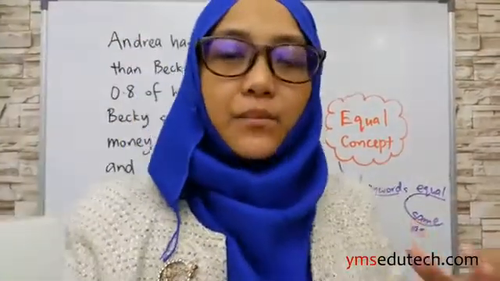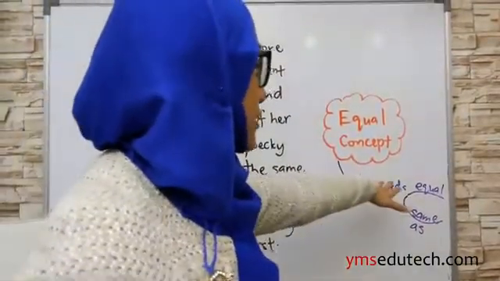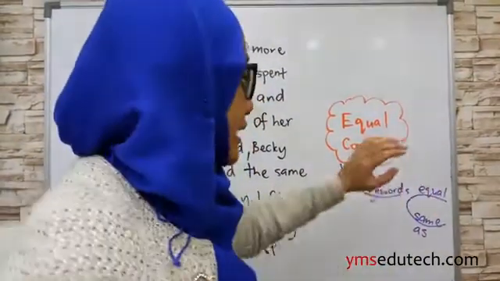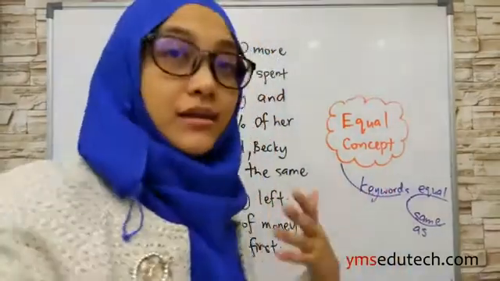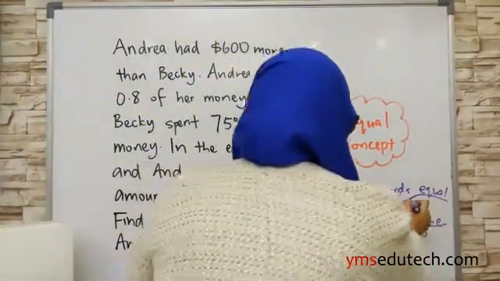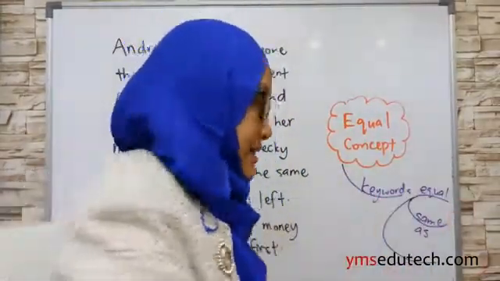However, some equal concept heuristics will not test students on equal as well as same as keywords. Other higher order thinking equal concept questions involve keywords such as twice, thrice.